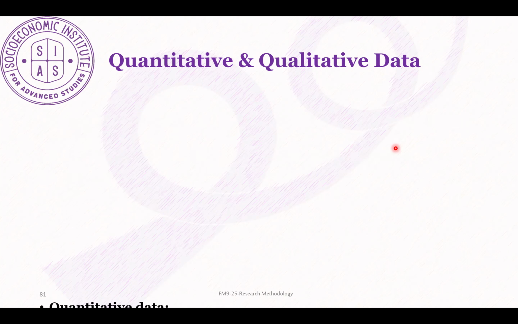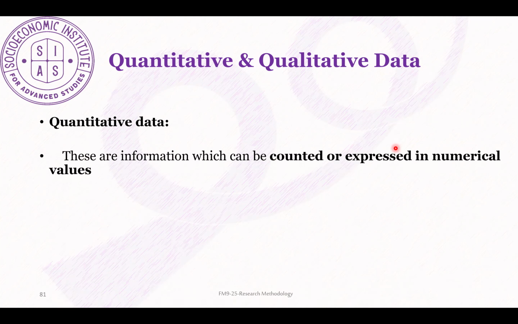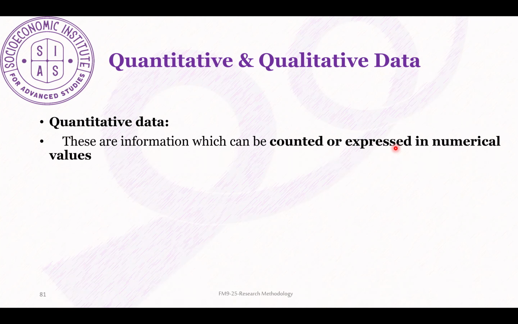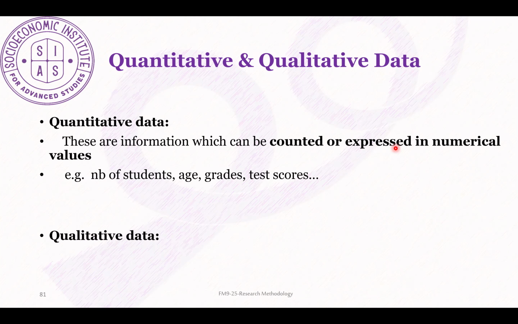Let's tackle quantitative data first. Here we collect information that is counted or expressed in numerical values, as we said: how many women are ministers, what is the percentage of women going to education, what is the percentage of literacy or illiteracy of women compared to men, and the number of students, the age, the grades, or the test scores.